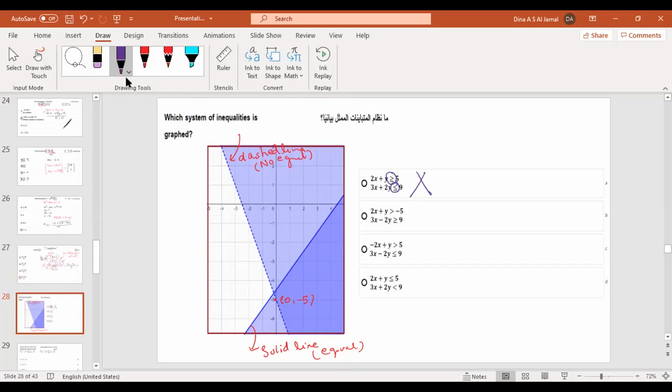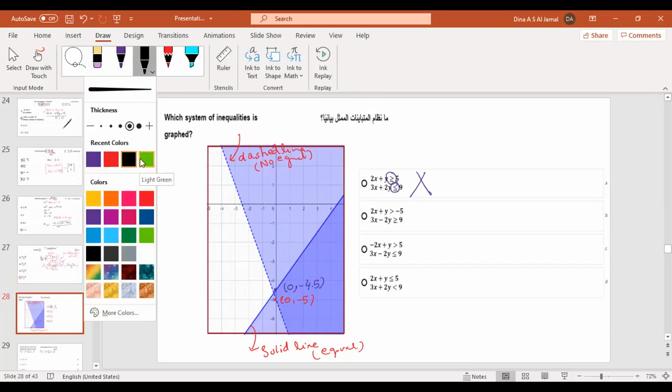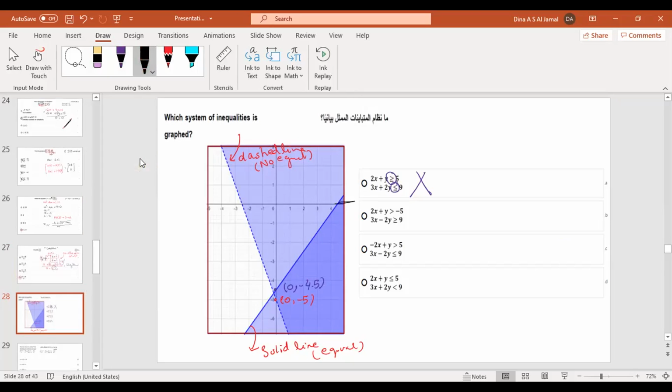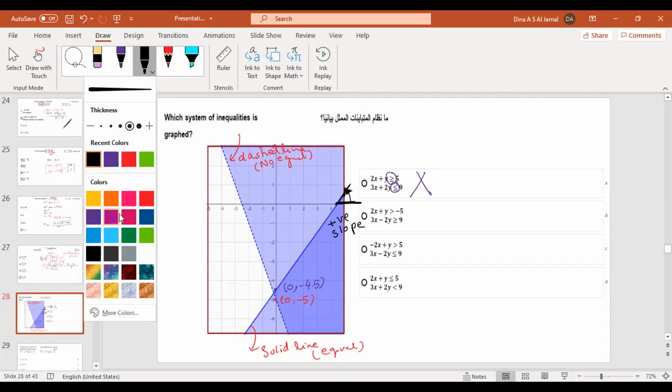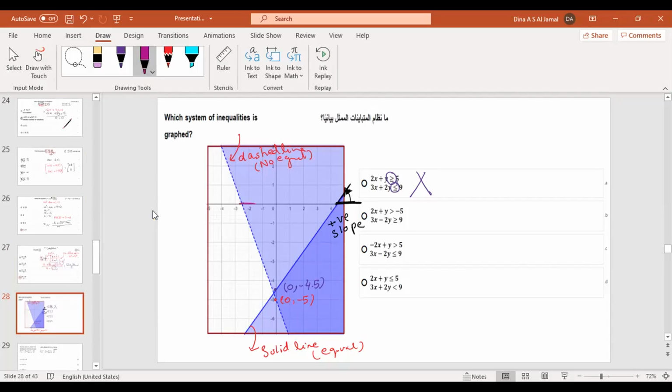And for the solid line, it is something really near to it, -4.5 relatively. Also, something you should notice is that the solid line has an acute angle with the positive x-axis. That means positive slope. Here I have an obtuse angle with the x-axis. That means I have negative slope.